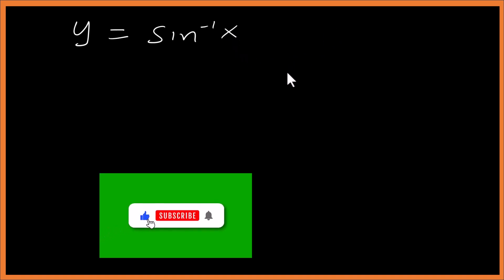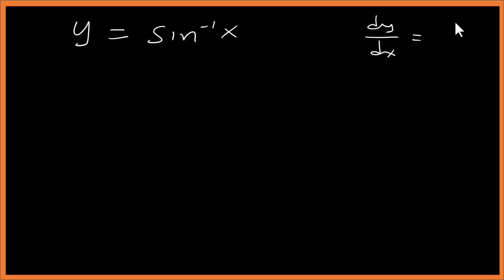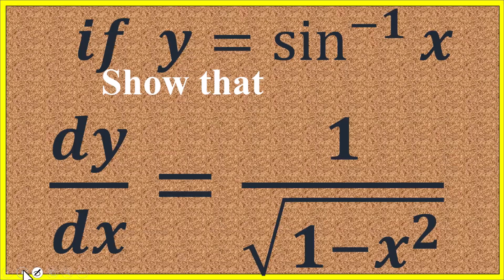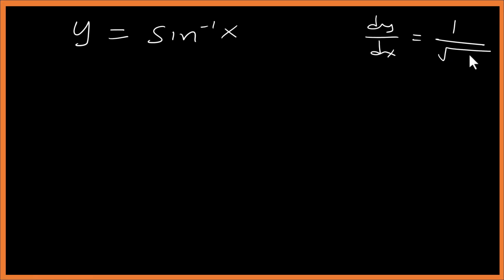Now we have to show that dy/dx is equal to 1 on square root of 1 minus x squared.